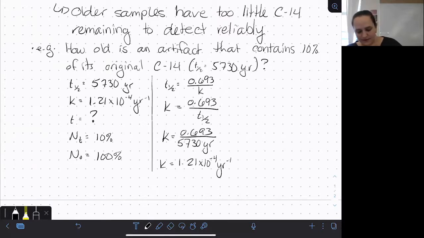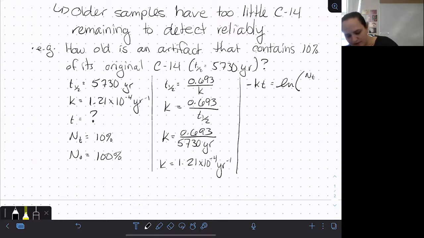At this point, I need to use my other equations. I have minus kt is equal to the natural log of Nt over N0. Since I'm solving for t, I want to use this version of the equation. I know both Nt and N0, so I can plug this expression into my calculator and find the value, and then it's pretty straightforward to get t from there.